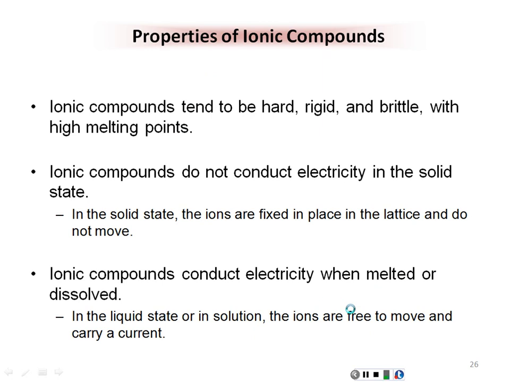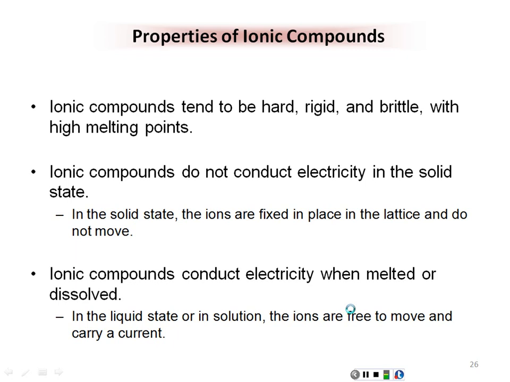Some properties of ionic compounds. Well, ionic compounds are hard, they're rigid and brittle, and they have very high melting points. In the solid form, they do not conduct electricity. You might think that because they are charged particles they would conduct electricity, but in the solid form they don't.